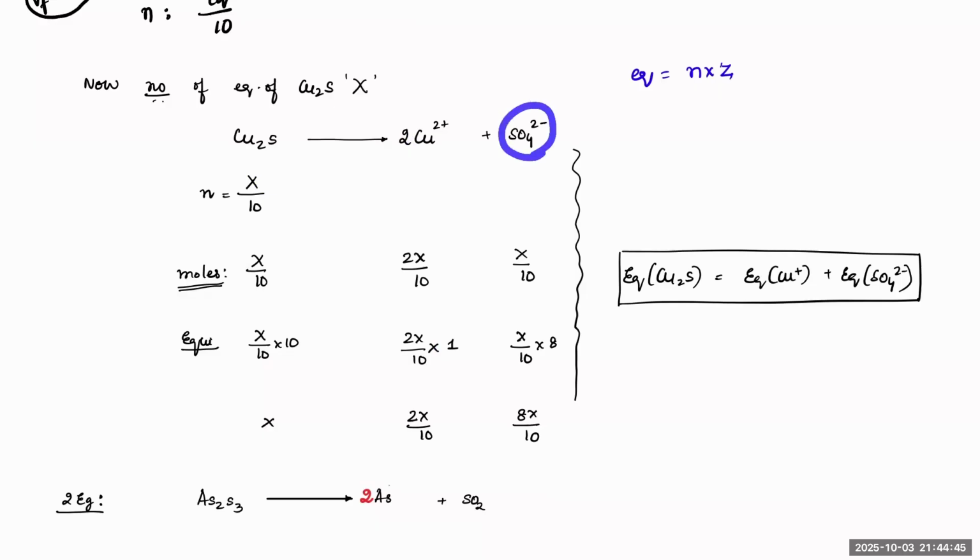And for sulfate, from where is it coming? From this sulfur. So how many electrons were transferred? 8. So 2x by 10, and 8x by 10. These are the number of equivalents that are being involved here. Okay. Clear, everybody?